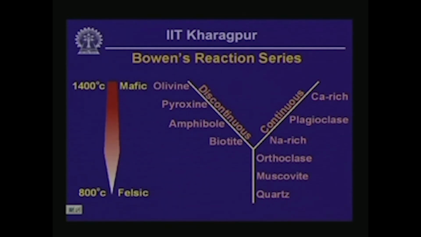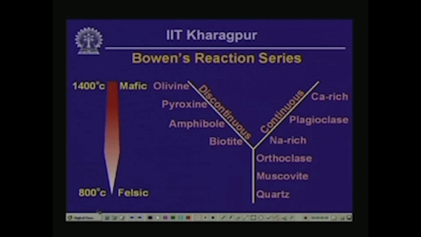What Bowen proposed was that minerals actually change their character as the temperature comes down, and there are two classes of minerals, one along the discontinuous series shown on the left here.